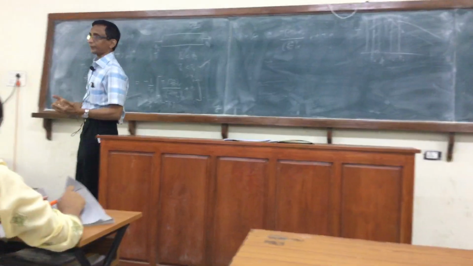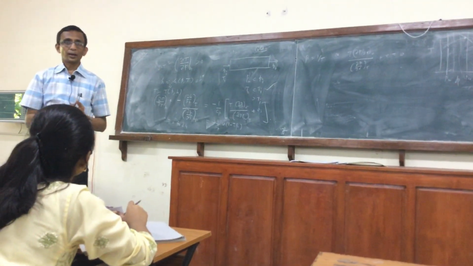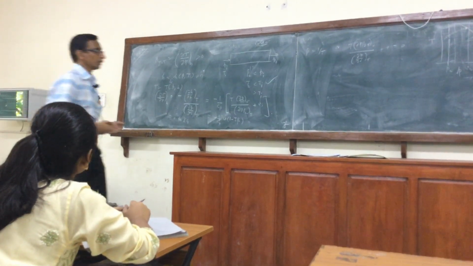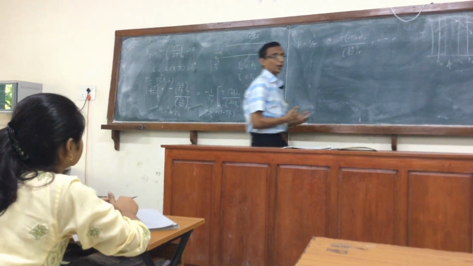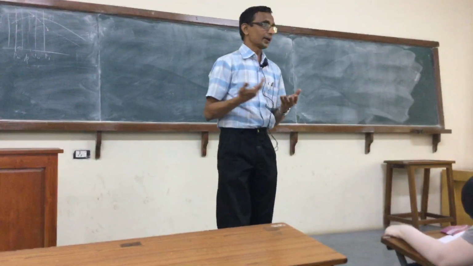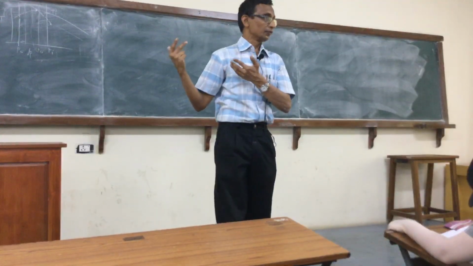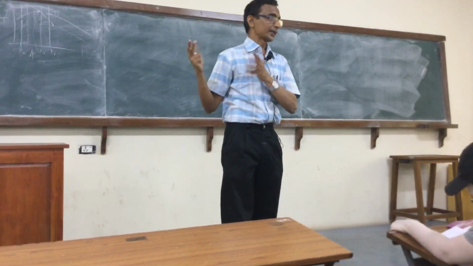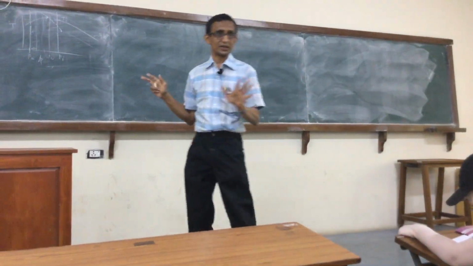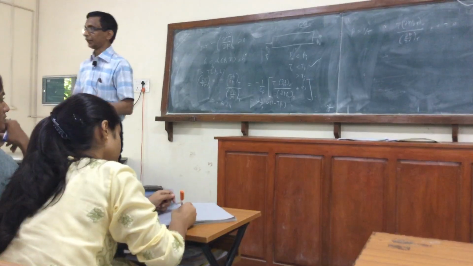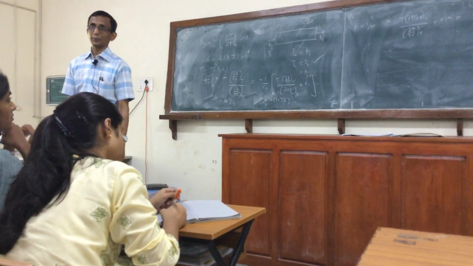Then P naught, as you are saying, must be to the left of Pi. P naught is always less than Pi. But the question is, what happens to T naught? T naught need not necessarily be less than Ti, because typically fluids show the inversion effect, other than the ideal gas, for which nothing changes and the temperature will just remain the same. So that's what you have to keep in mind.